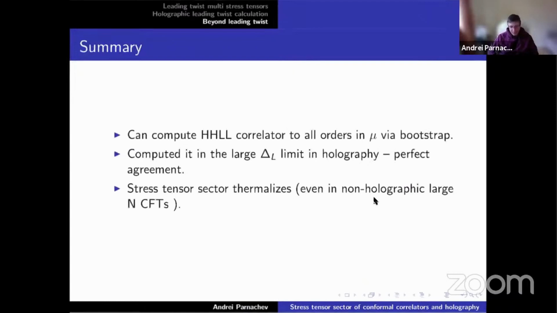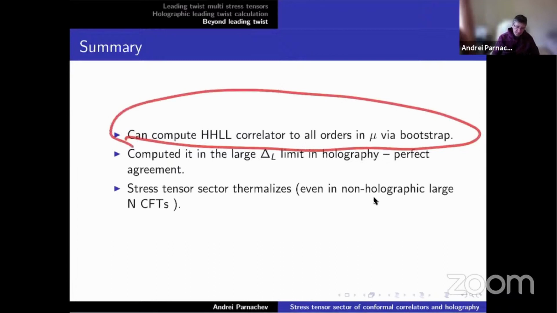Okay, so now let me summarize. What did I tell you about? I showed how we can compute the heavy-light correlators to all order in the parameter mu using the bootstrap.